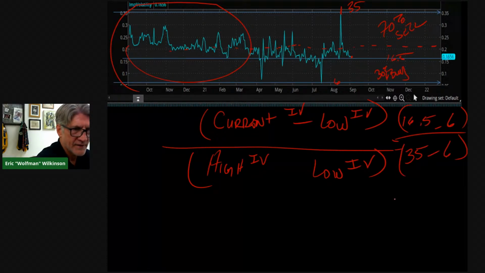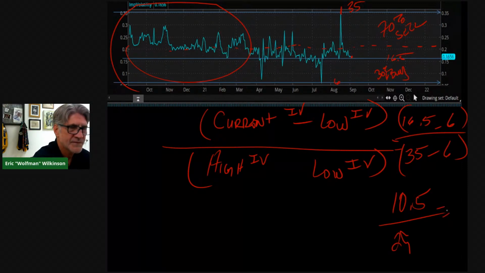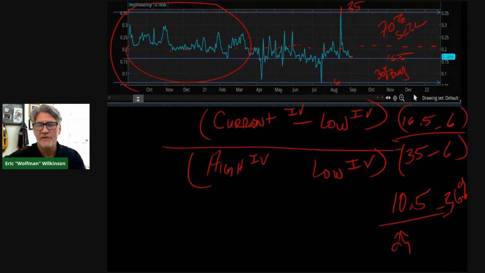So that's 10.5 divided by 29. Yep, and that gives me like 36-ish, the 36th percentile. So that's above 30.